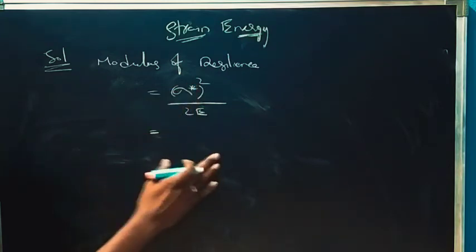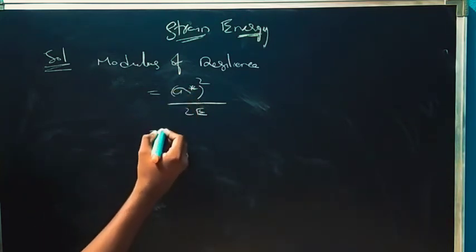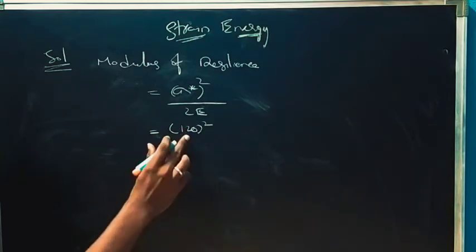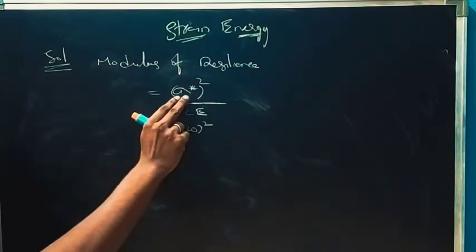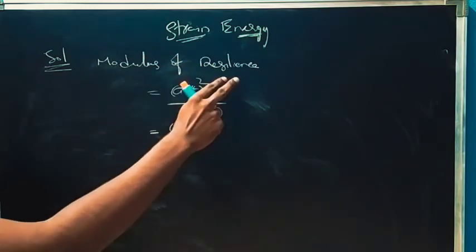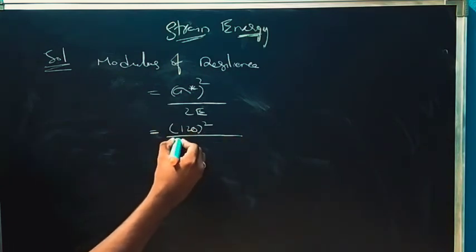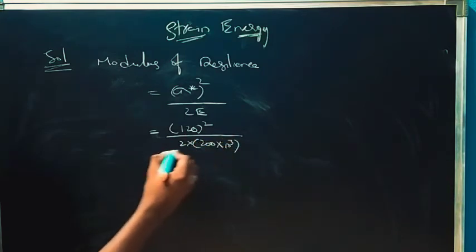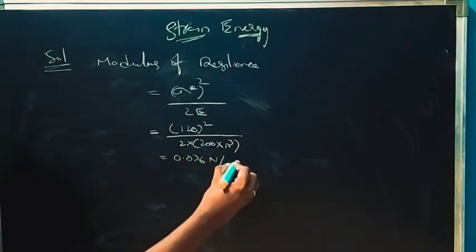So you can denote it with any other symbol. For proof resilience I am using sigma, and for modulus of resilience I am using sigma star, that is 120 square upon 2 into 200 into 10 to the power of 3. So 0.036 Newton per mm square.